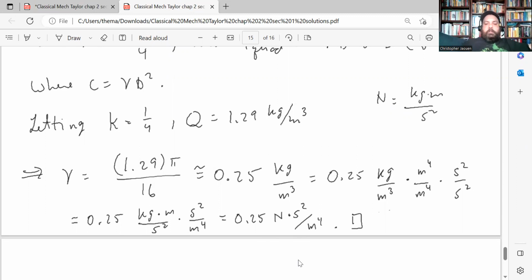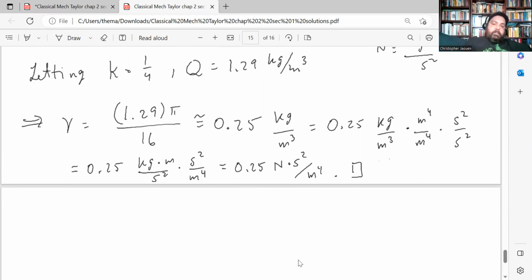Then just manipulating the units, you can multiply by meters to the fourth over meters to the fourth, which doesn't change anything because it's like multiplying by 1, and the same with seconds squared over seconds squared. Rearranging the units, gamma is equal to 0.25 kilogram meters per second squared times second squared over meters to the fourth, which is 0.25 Newton second squared per meter to the fourth. And that's essentially the problem.